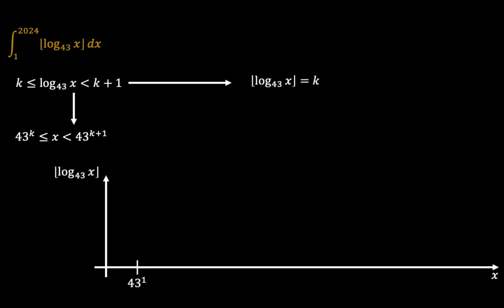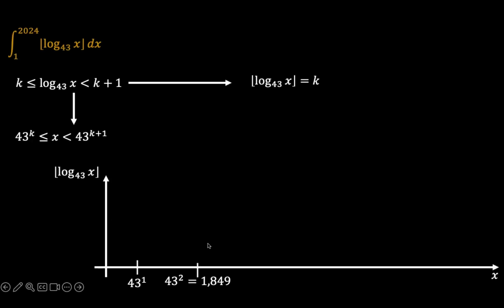And then when k increases, between k equals 1 and k plus 1, that means 2, x is between 43 to the power 1 and 43 to the power 2, which is 1849. And in this interval, therefore, the floor function is 1.